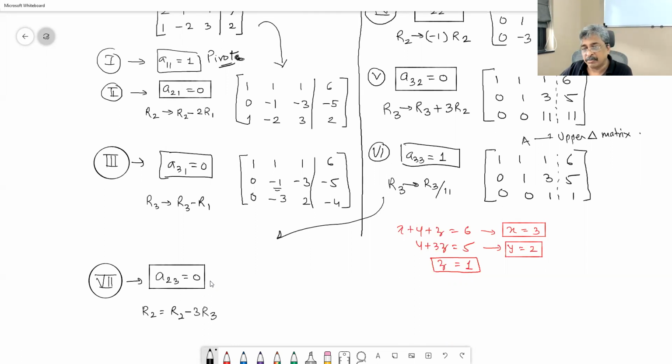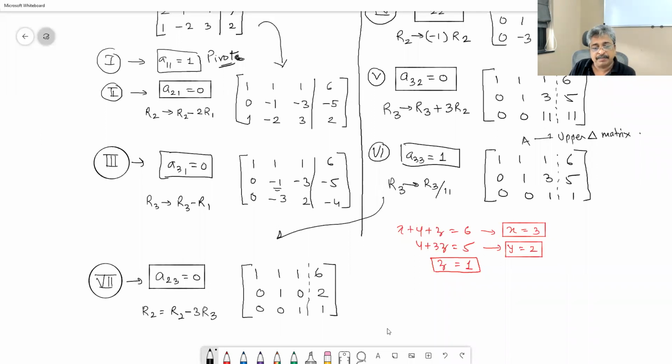We will use the last row because we don't want to disturb these two entries. What you get here is 1, 1, 1, 6; 0, 1, 0, then you multiply the last row by 3 and 5 minus 3 equals 2. The last row continues to remain 0, 0, 1, 1, with the dotted line for the augmented part. So now you can see that y is equal to 2, which we have already achieved.